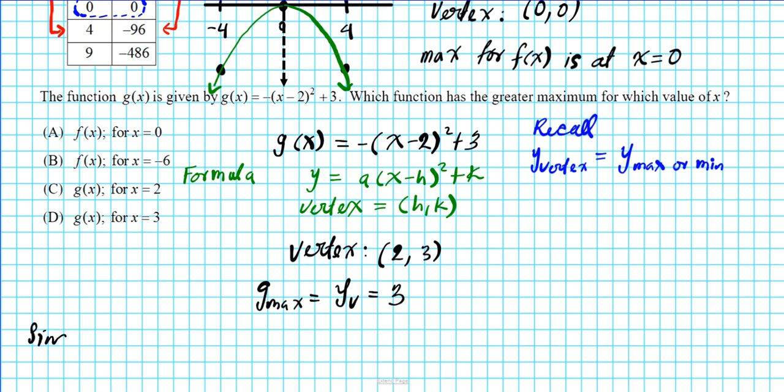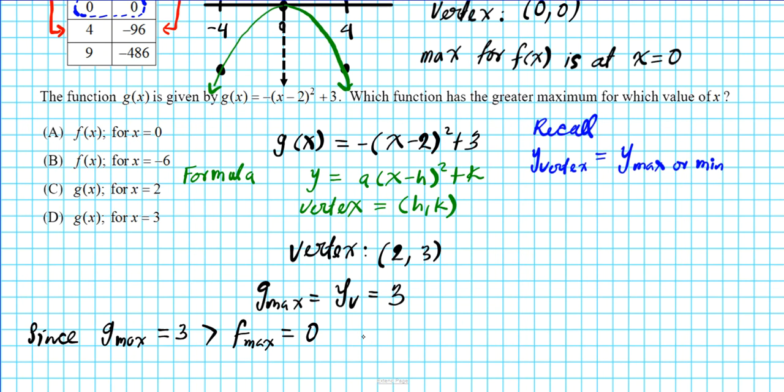Since g max, the maximum of g, is equal to 3, it is greater than the maximum of f, which is at 0.